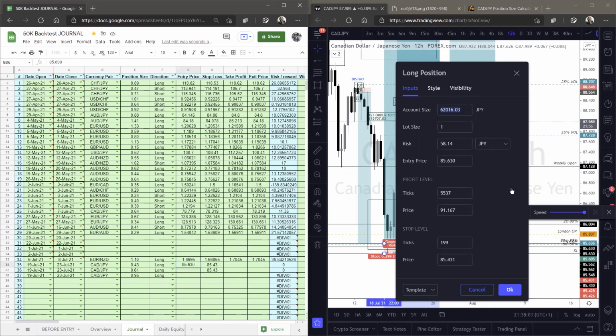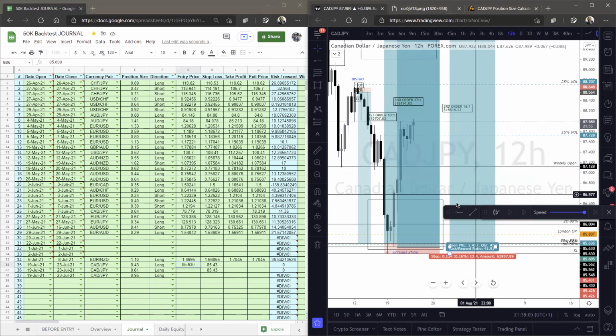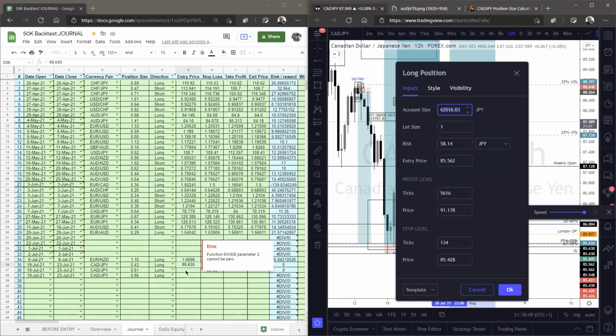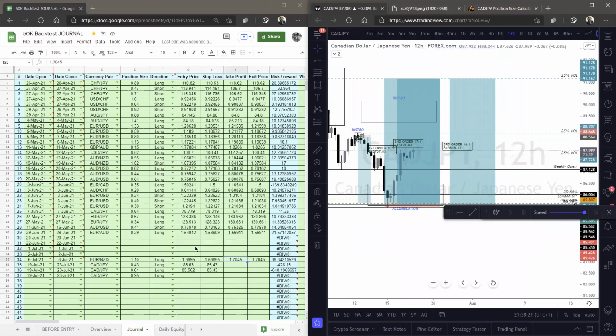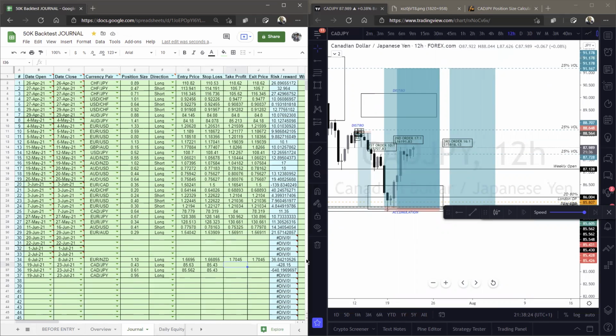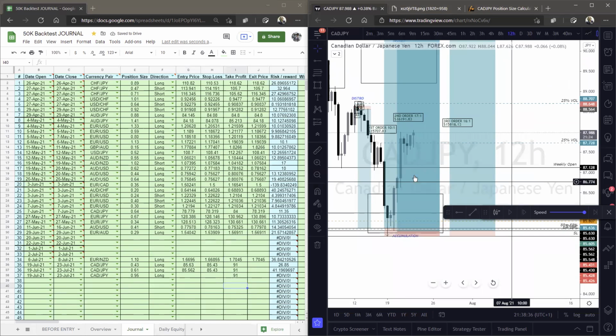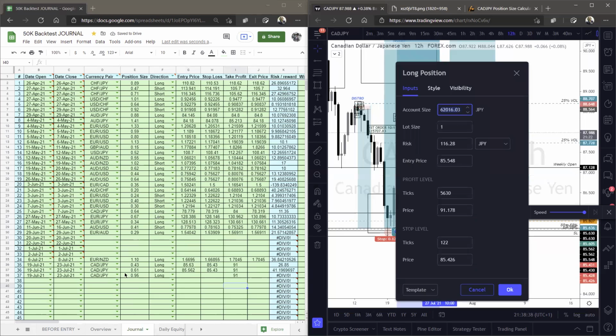This one's stop loss was 562. Take profit is, want to round up to 91. Okay, and then the last one, 548.